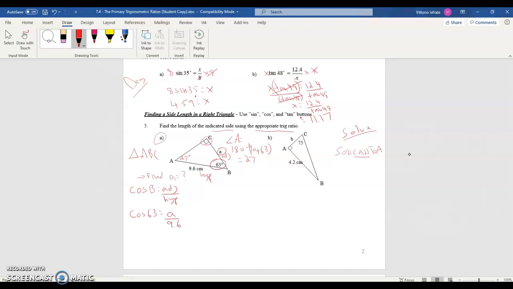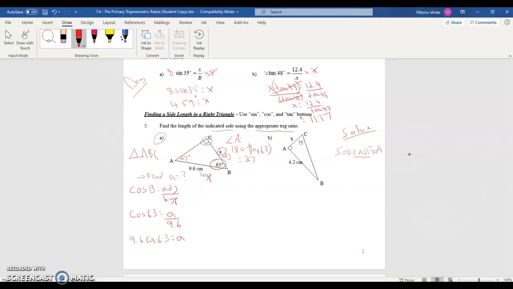And now what we can do is solve for A by multiplying everything by 9.6. So we get 9.6 cos 63 is equal to A. And so make sure your calculator's in degrees.